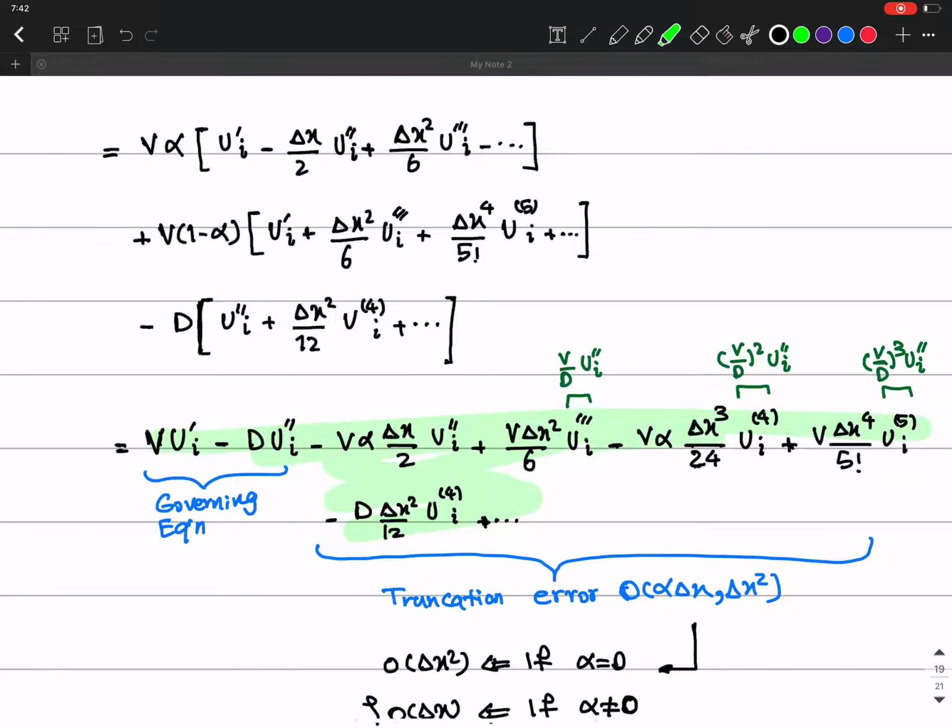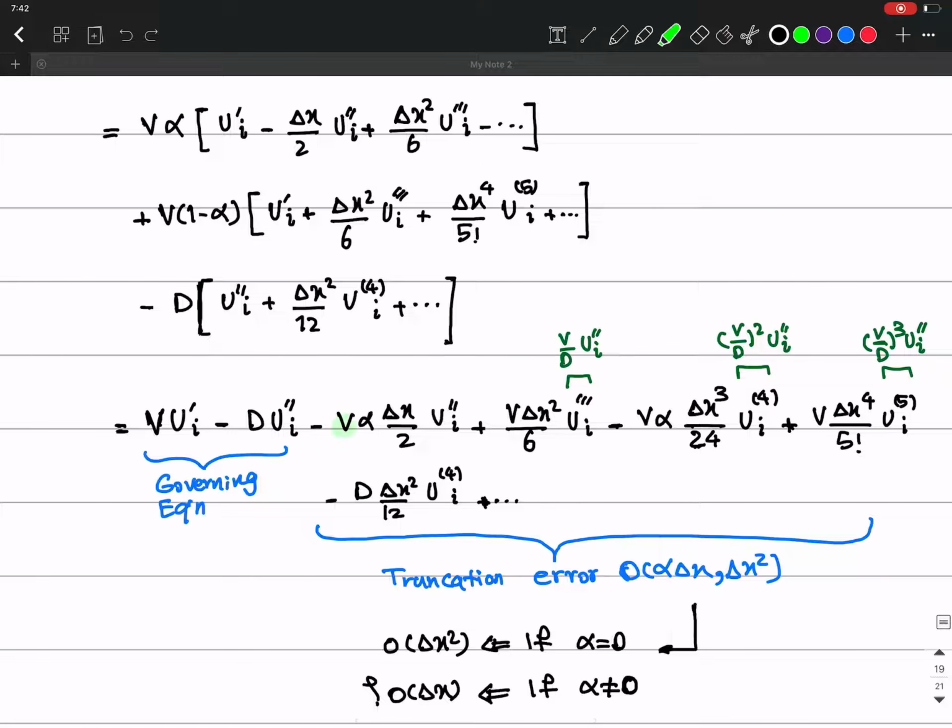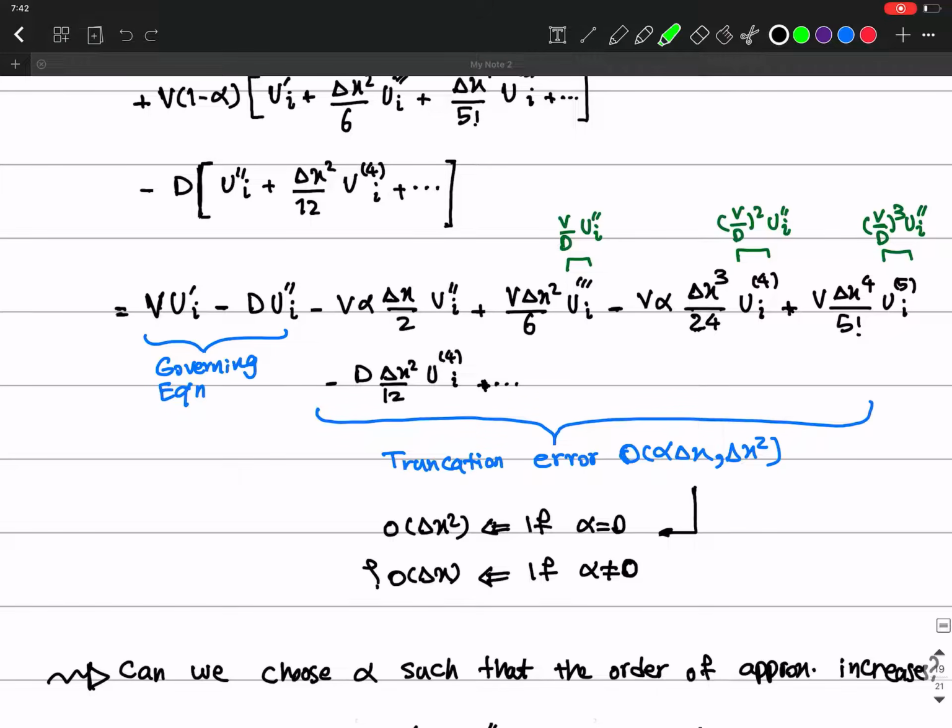In this equation, the first two terms are just our governing equation, the equation that we wanted to solve. And then the other terms, as you see, we call the truncation error. So these are the truncation error for this approximation. We wanted to know the order of accuracy. If alpha is 0, so this is 0, this is 0, the order of accuracy is going to be delta x squared, right?